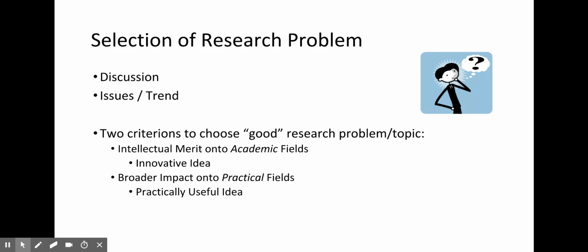Once again, don't forget, intellectual merit is one aspect, which is academic value, innovation. And the other one is what? Broad impact. It's more like practical value, ready to apply and ready to influence the real world as quickly as possible.